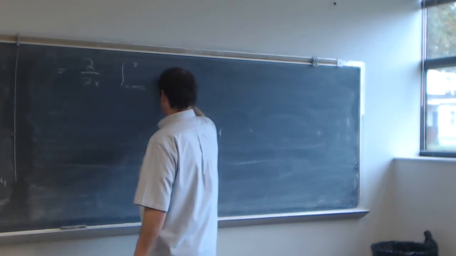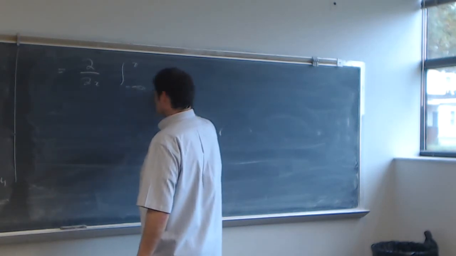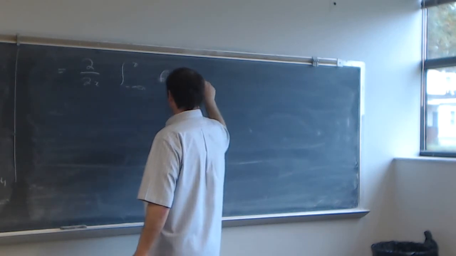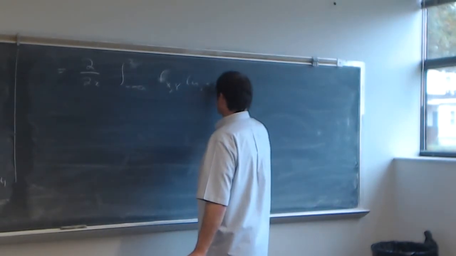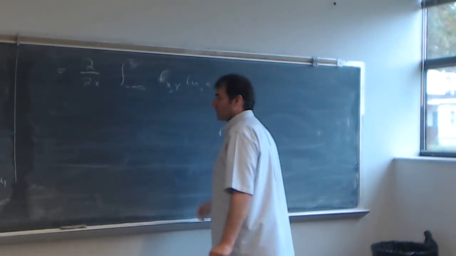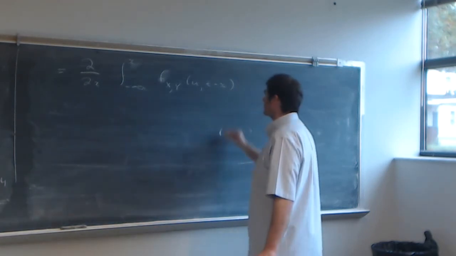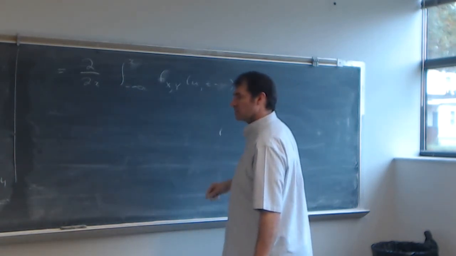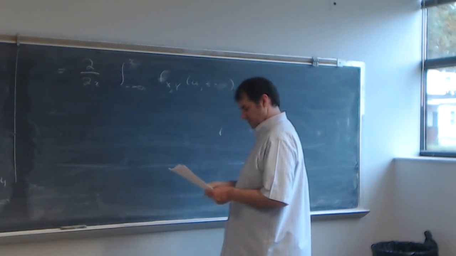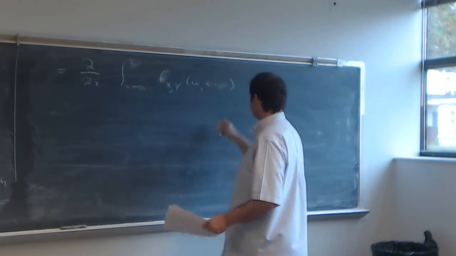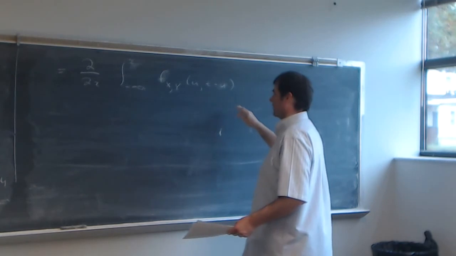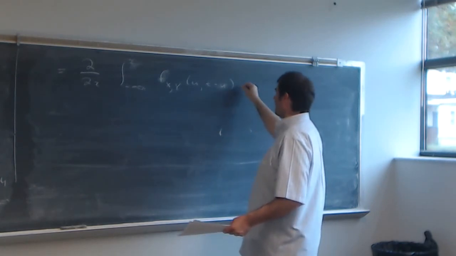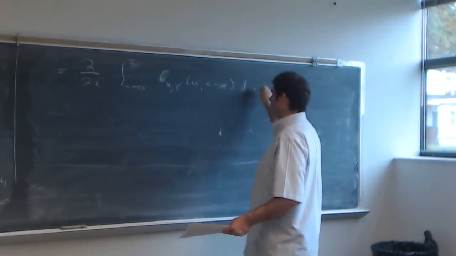So the joint PDF of X and Y, we would have u, and instead of b, we would have stuck in t minus u. We'd have to differentiate t minus u with respect to t, and we would get 1, times d u.